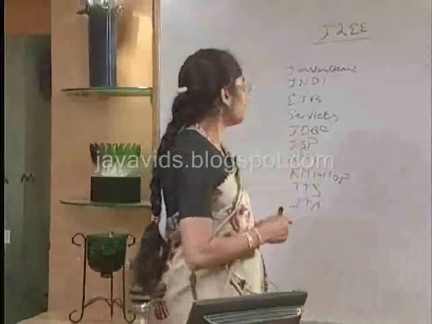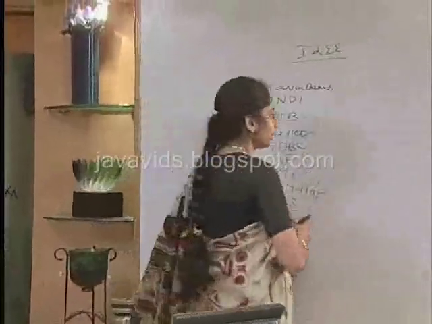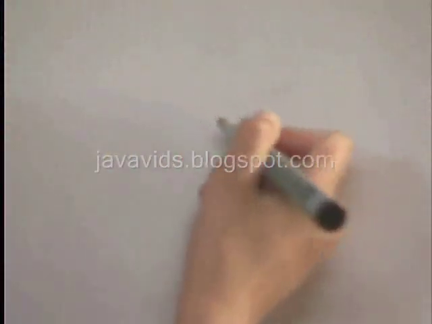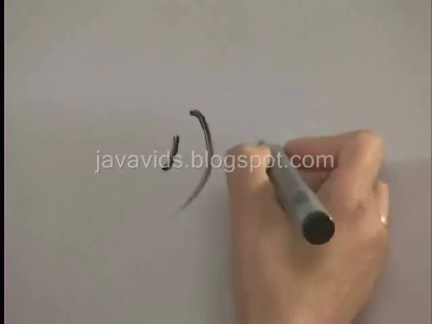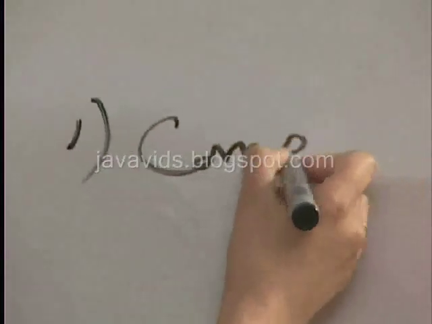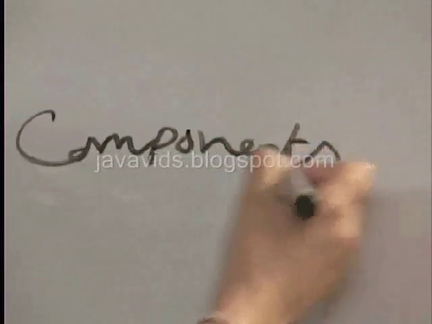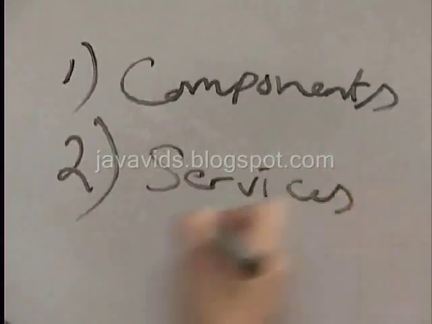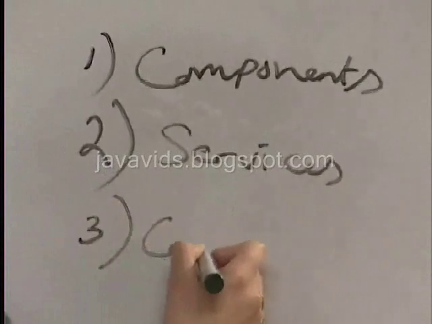So the architecture of J2EE basically consists of 3 contents: the components, the services, and the communication.